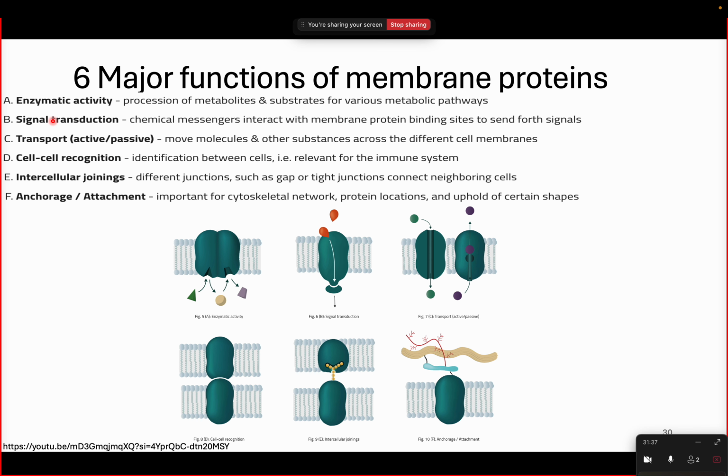So signal transduction is what? It is basically chemical messengers interacting with a membrane protein binding site to send forth signals. Okay, so you can see this is a simplistic cartoonish way of representing this.